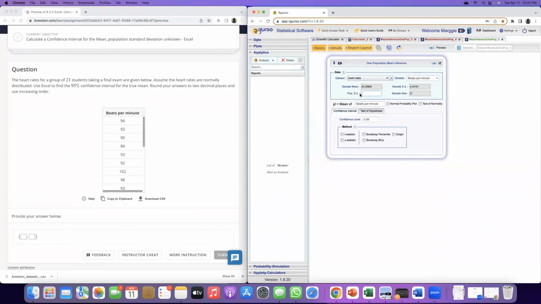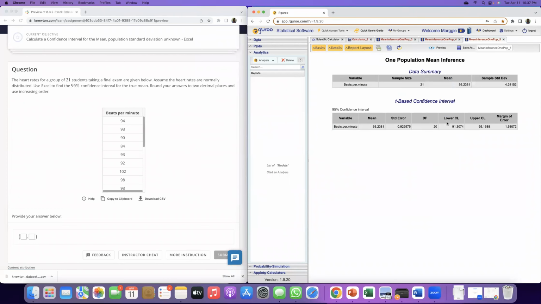Whenever you don't have information to complete this box, you go with the t statistic. If you know the population standard deviation, then you have a number to plug in here, and you use the z statistic. When you don't have the population standard deviation, you do a t statistic. Other than that, it's the same.